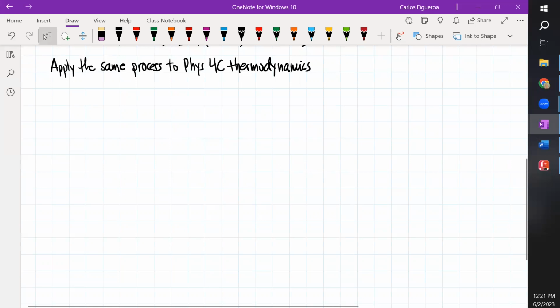That means we got to define our system, our variables, and then our equation. So let's follow this process. I'm going to call these primes instead. And we need to define the system.